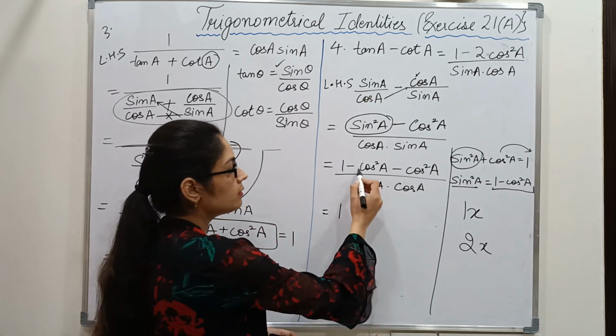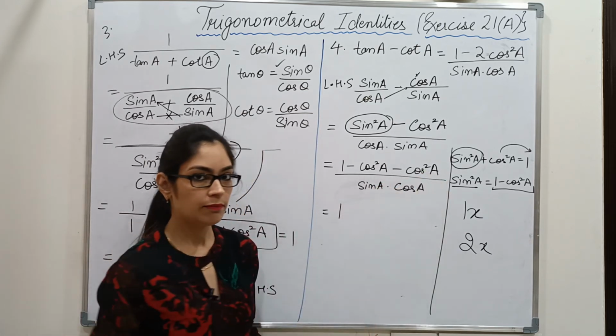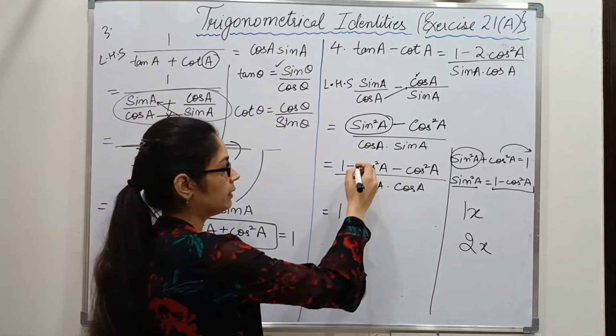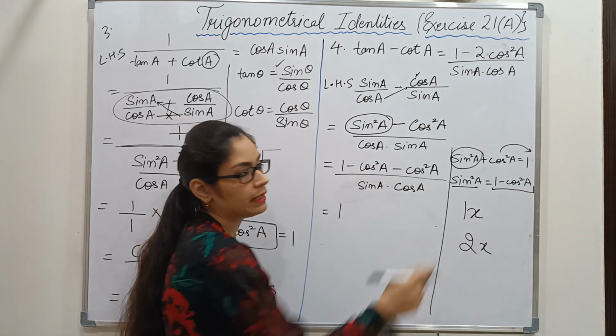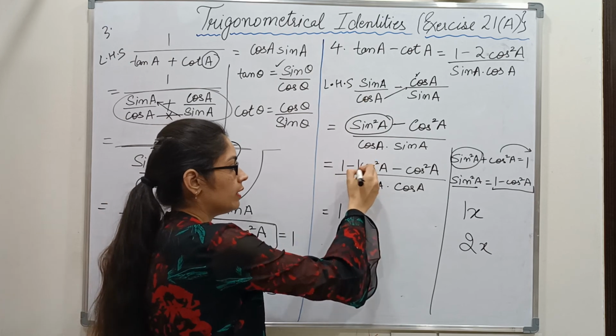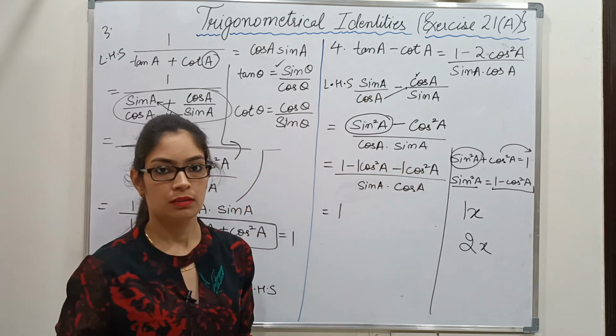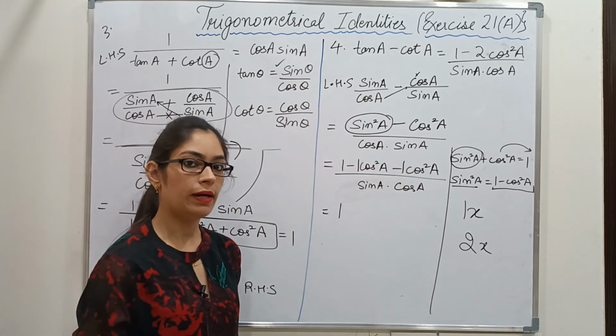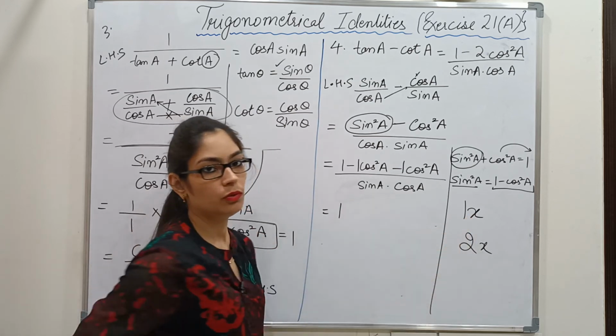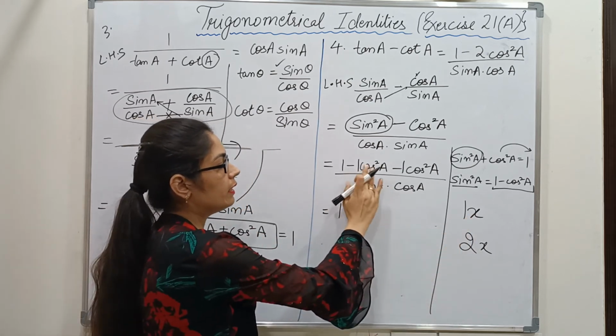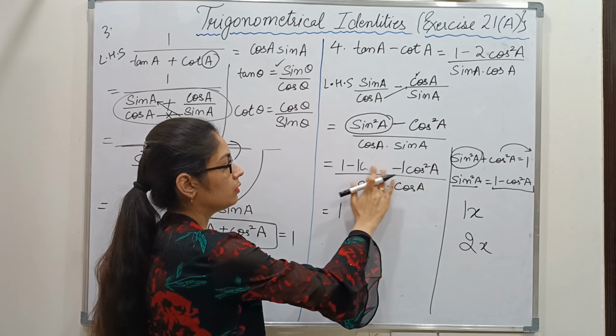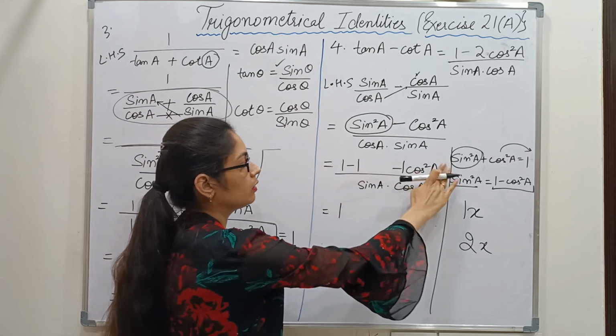In the same way, you have to consider cos square A in trigonometry as a variable like x. Nothing is written, so that means 1 is there. So here forget about this, suppose nothing is there.